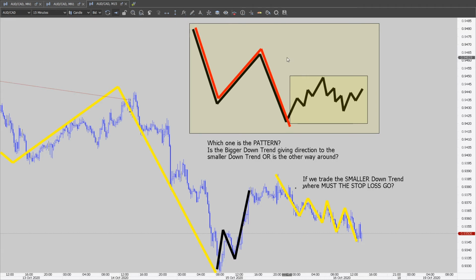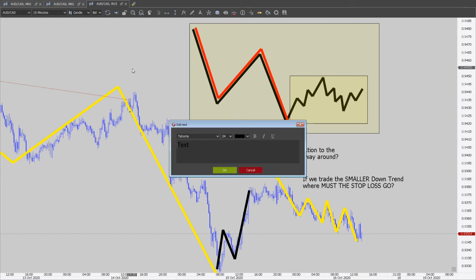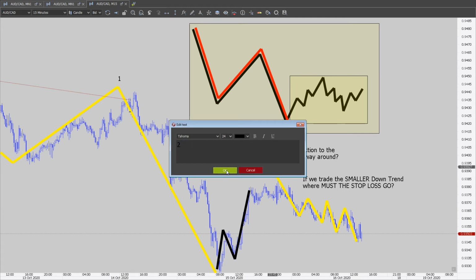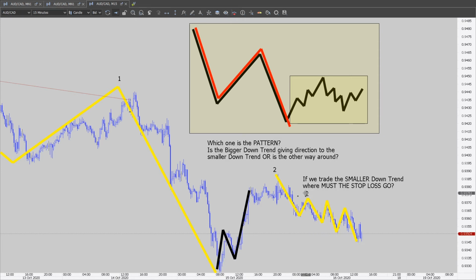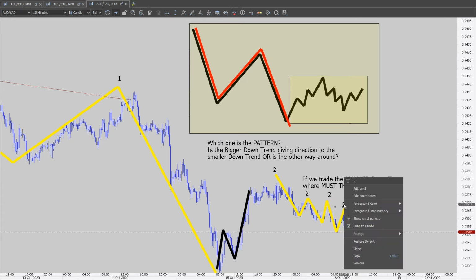I'm going to help you a little bit. Let's number the stop loss levels, right? Previous lower high. Let's number the stop loss. Up in here is 1. This is from the bigger pattern, and we have number 2 is the first high, and we have the third high, the fourth, and the fifth high, right?